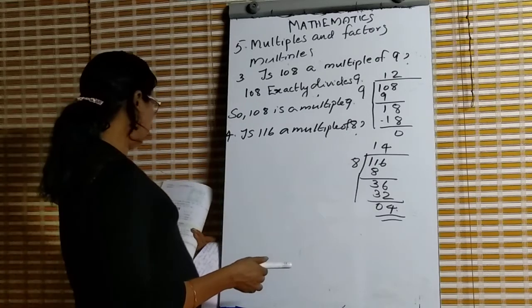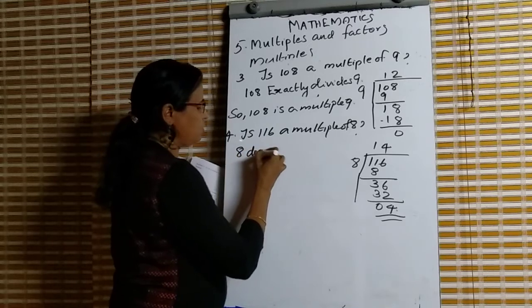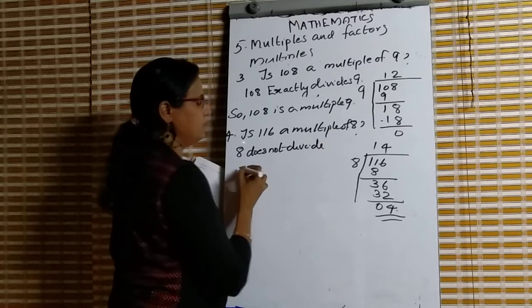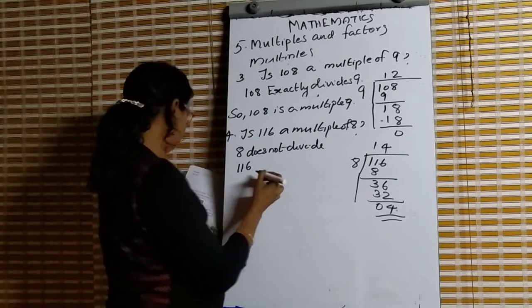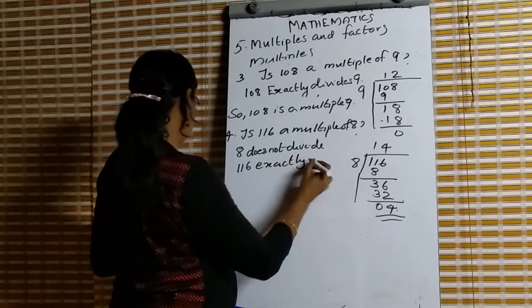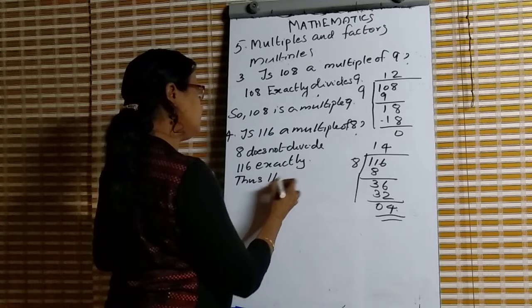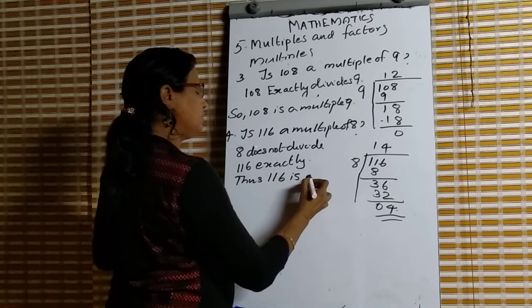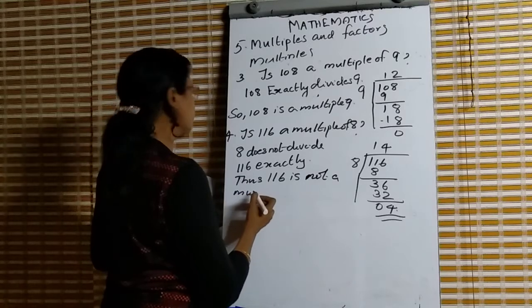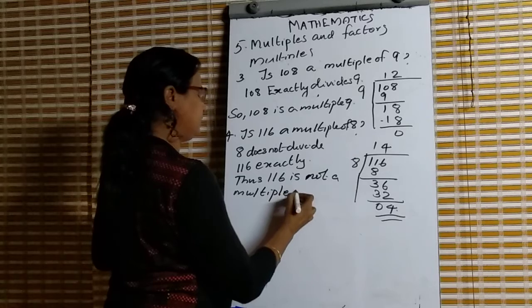So 8 does not divide 116 exactly. Thus 116 is not a multiple of 8.